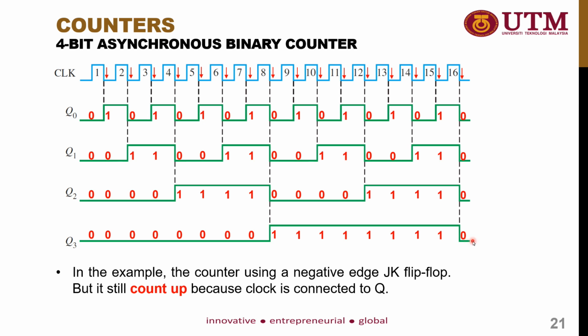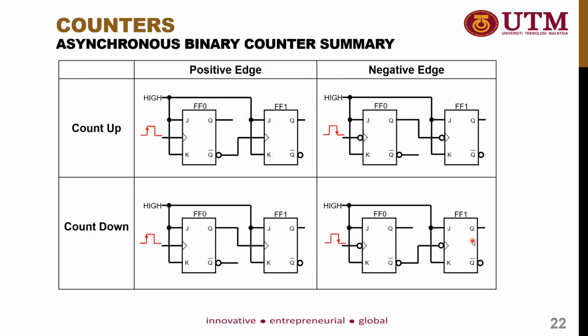Next, I will show you different designs of counters based on different types of flip-flop and types of functions. Here we have the positive edge triggered flip-flop categories and also the negative edge flip-flop categories. And these are the functions that we want our counter to compute, whether it is count up or count down.